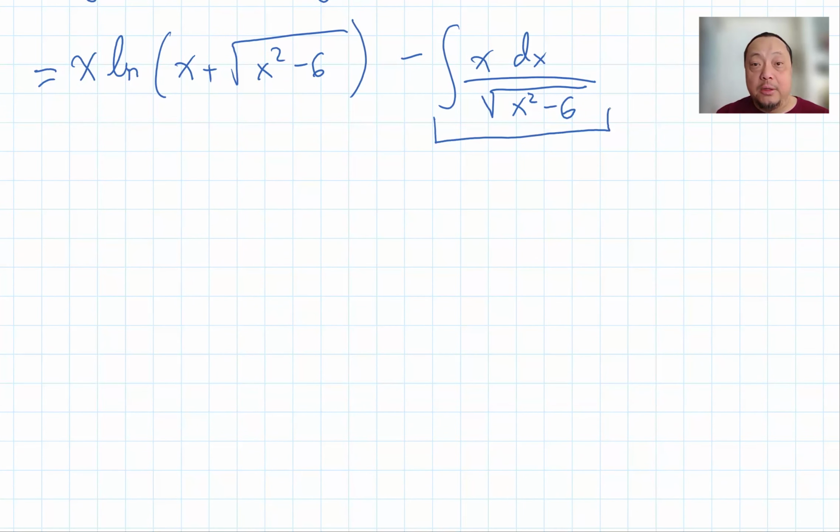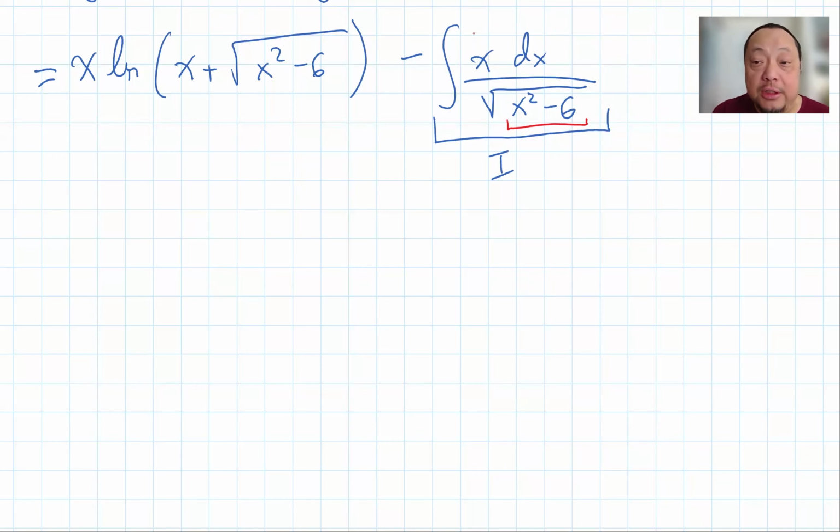This integral can be done with u substitution. Let's do that. I'll call this capital I. And I'll do u substitution with u equals x squared minus 6 because the derivative of it is 2x, and that shows up here.